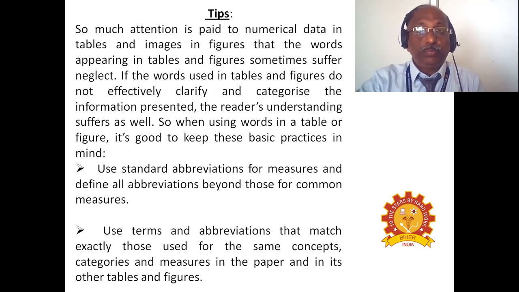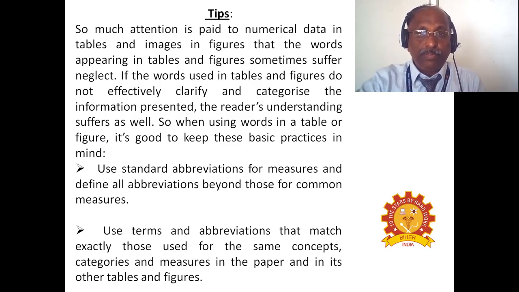So much attention is paid to numerical data in tables and images in figures that the words appearing in tables and figures sometimes suffer neglect. If the words used in tables and figures do not effectively clarify and categorize the information presented, the readers' understanding suffers as well. So when using words in a table or figure, it's good to keep these basic practices in mind.